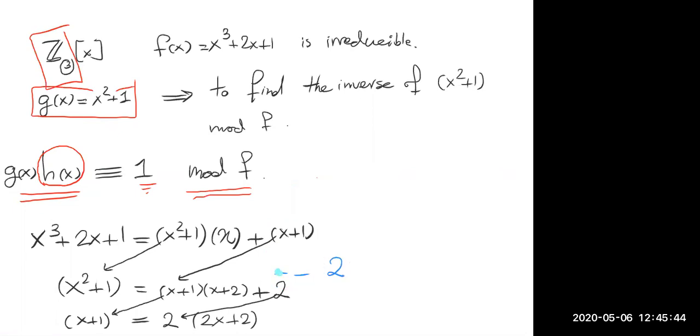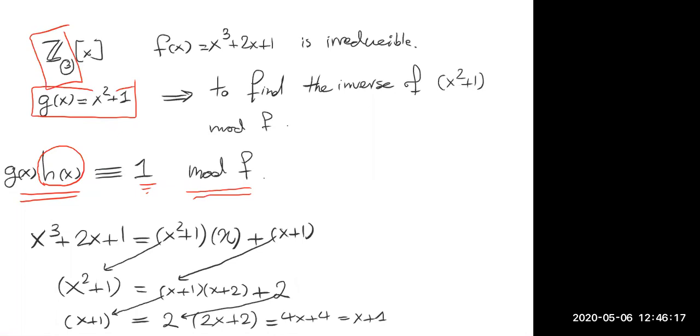We don't need these things anymore. So this is equal to 2 times 2x, which is 4x, plus 2 times 2, which is 4. But 4 is equal to 1 in Z3, so it's just 1x plus 1.